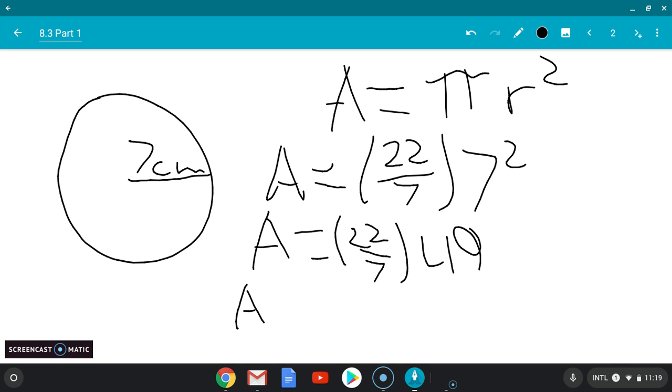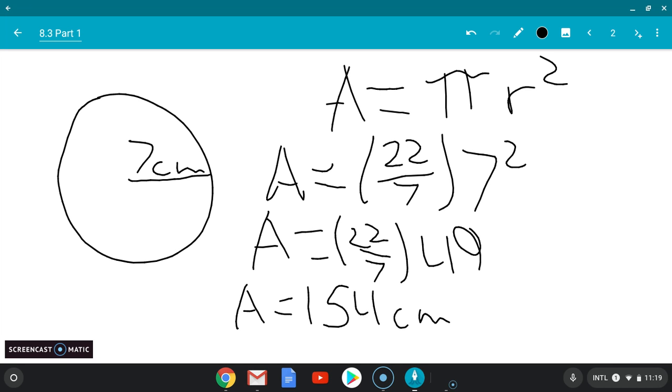So you could literally put parentheses and inside of it 22 divided by 7. Make sure you close that parenthesis though and multiply it by 49, and you should get 154. And of course, we're going to label it with units.